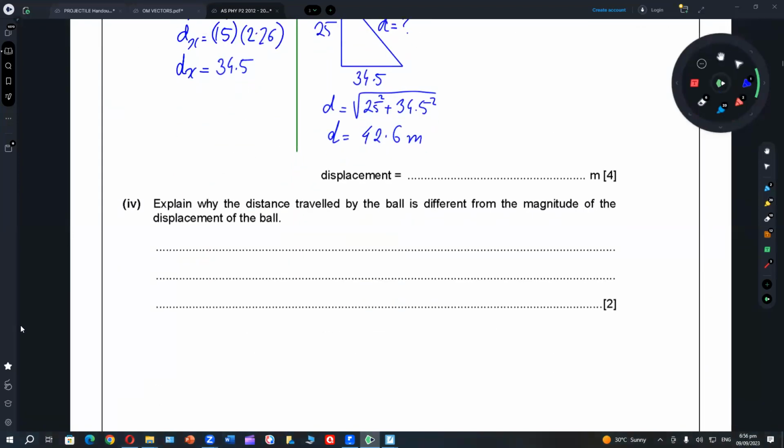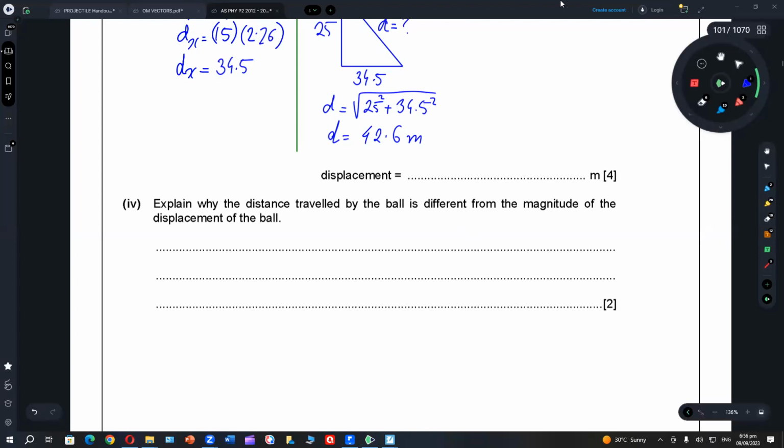Explain why the distance traveled by the ball is different from the magnitude of the displacement of the ball. So distance is a scalar and displacement is a vector. Being a vector, displacement is taken on a straight line.